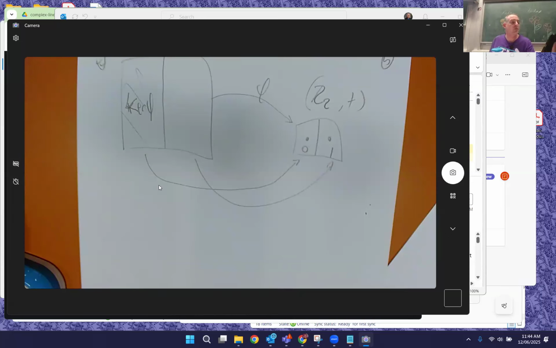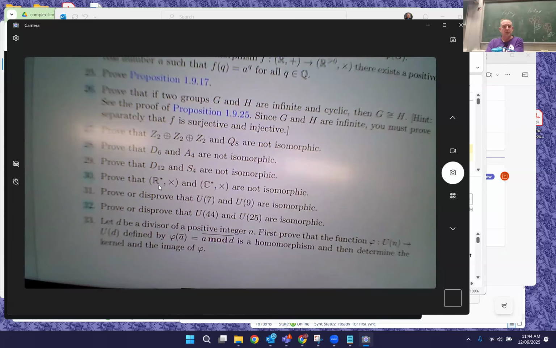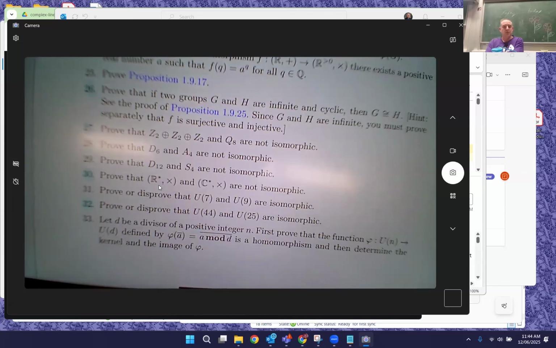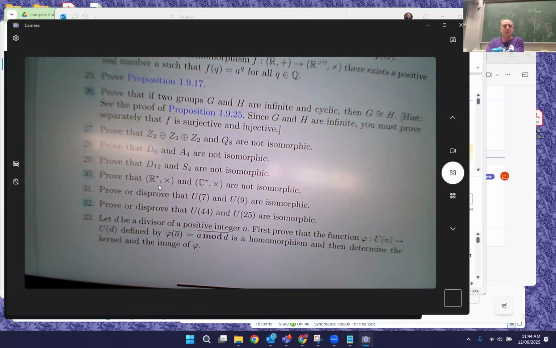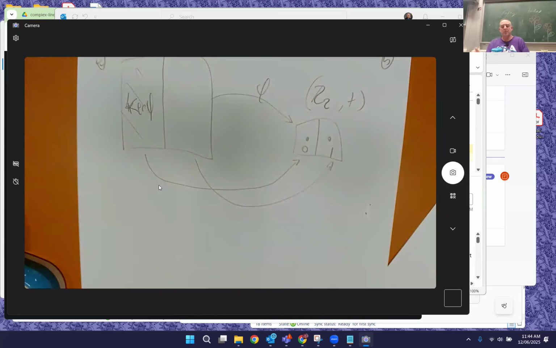But there's lots of questions about whether things are isomorphic or not, which is these questions here. Okay. Yes, that might be more appropriate.